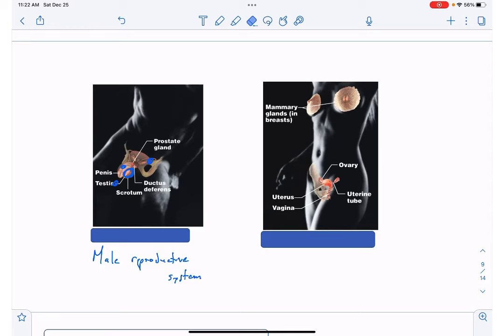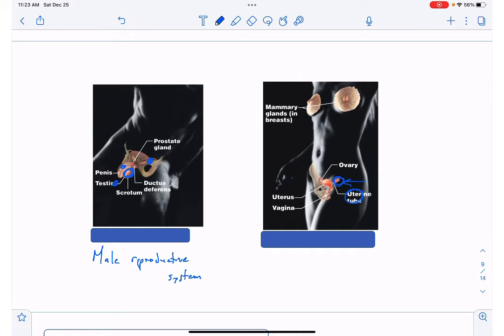And then over here, we have a pair of ovaries. And these ovaries are going to produce eggs and also sex steroids like estrogen and progesterone. Once every about 28 days post-puberty, those ovaries are going to release an egg. They're going to travel down the fallopian or the uterine tubes.